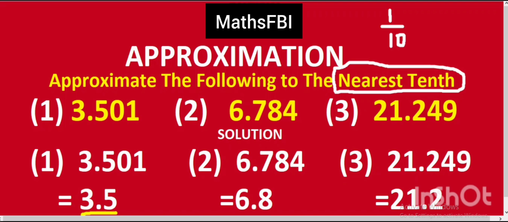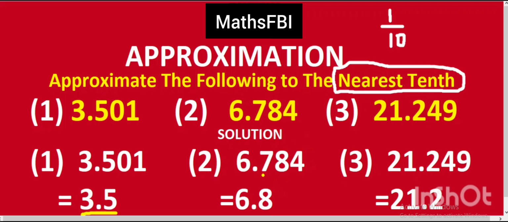Now let's go to question number 2. Our target is this. This is tenth. Okay, so the number after it is 8, and this number is greater than 5. So what you do when it is greater than 5 is that you round it up to 1, and then you add it to this. 1 plus 7 is 8.